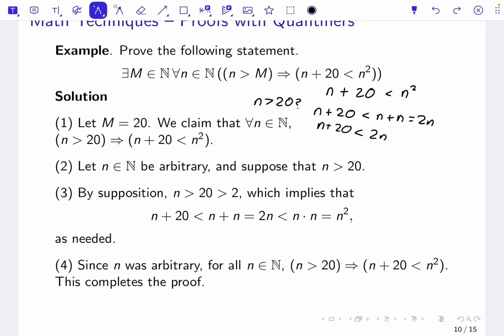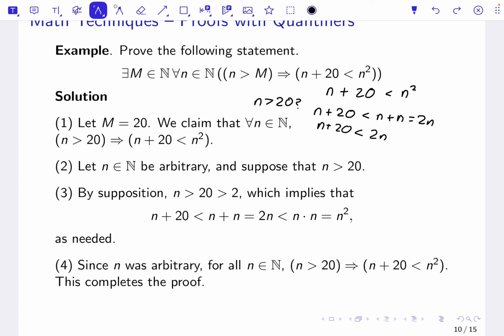So we let n be arbitrary, lines up with our quantifier. Suppose that n is greater than 20. This is the lesson that came up earlier in this class about assuming the if.